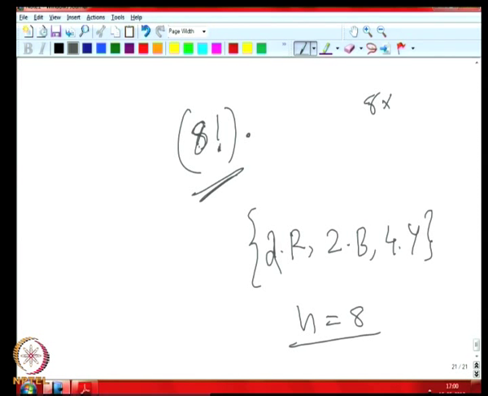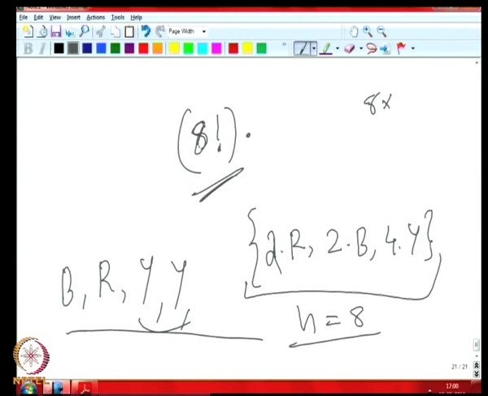This is essentially a permutation of the colors, because for row 1, row 2, you can assign, say, the first row gets the blue color, the second row gets the red colored rook, the third row gets the yellow colored rook, the fourth row again gets the yellow colored rook. So this is a permutation of colors, just that some colors are repeating. So it is a permutation of the multi-set, right.